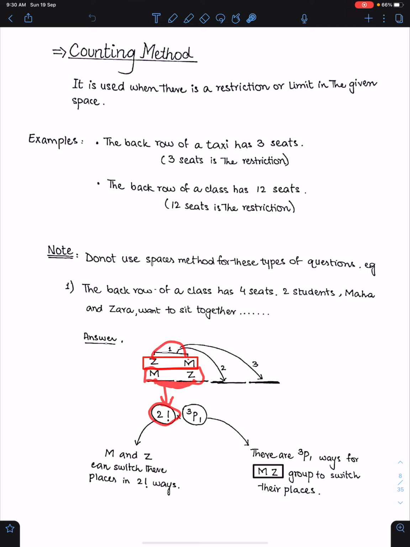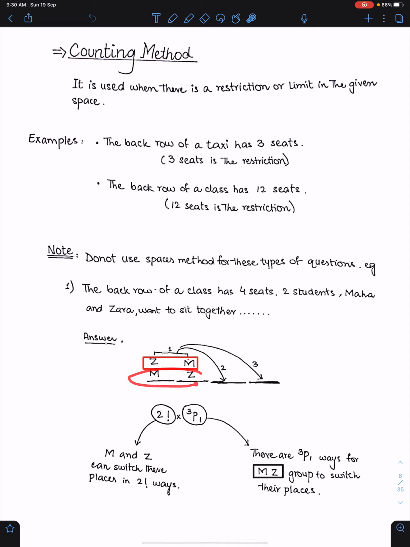Now, this group has 3 possible choices to sit together. This is the first choice, this is the second way, and this is the third way. So there are 3P1 ways for this group to switch their places.